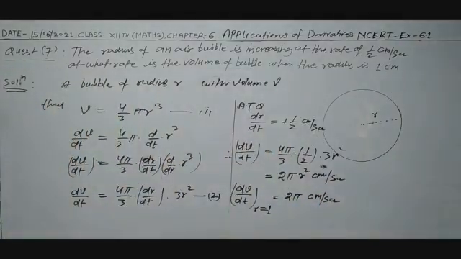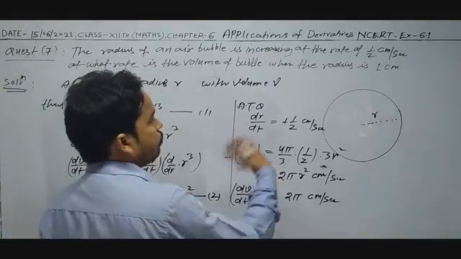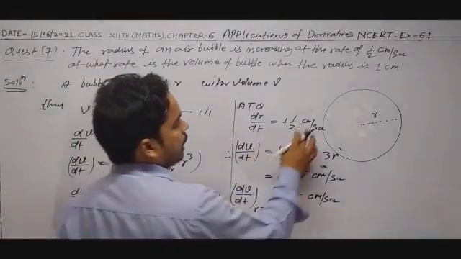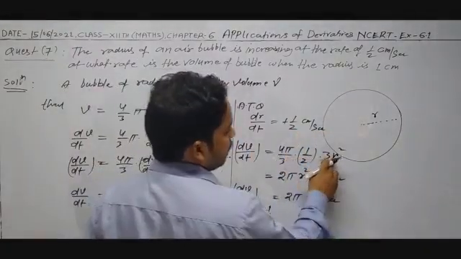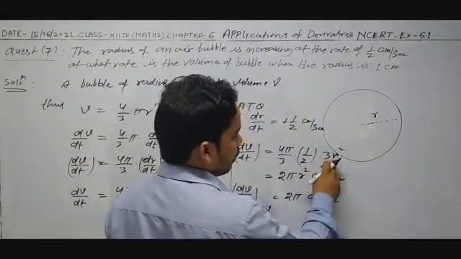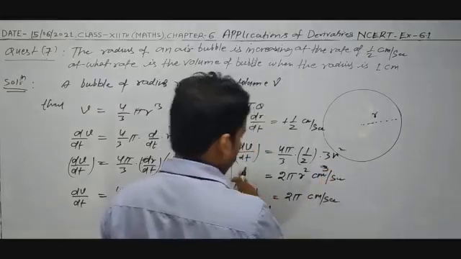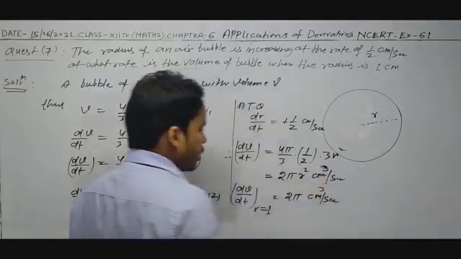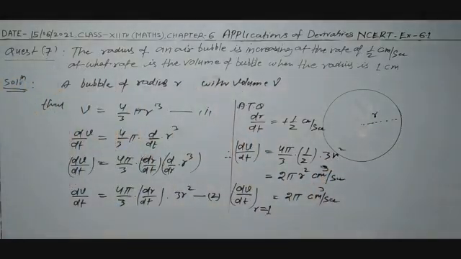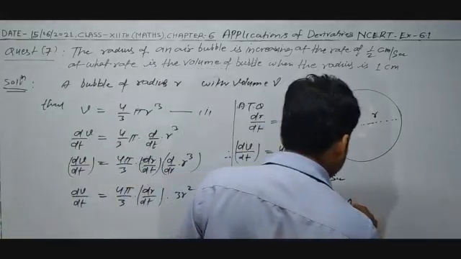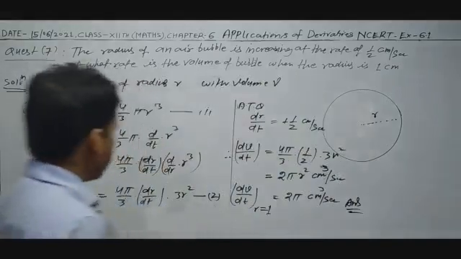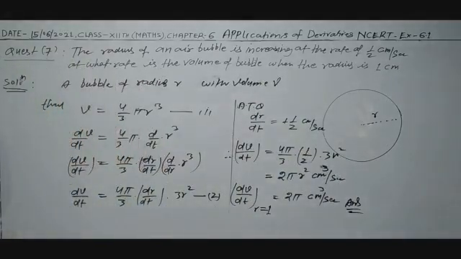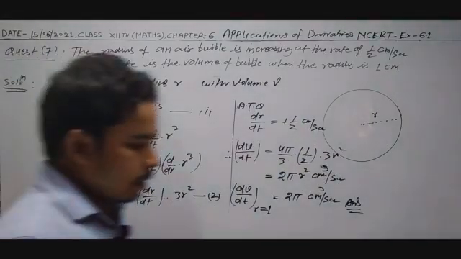The unit: r square will be centimeter square, so it will be centimeter cube. Volume unit is cubic centimeter per second. So this is the answer.